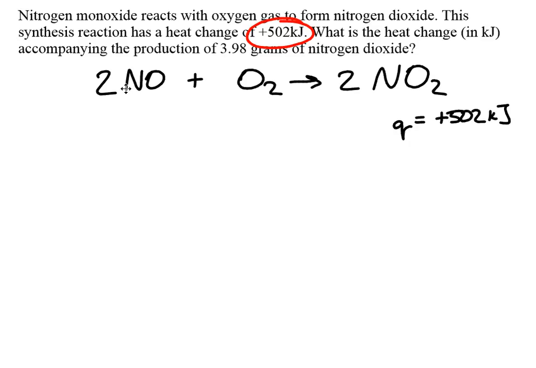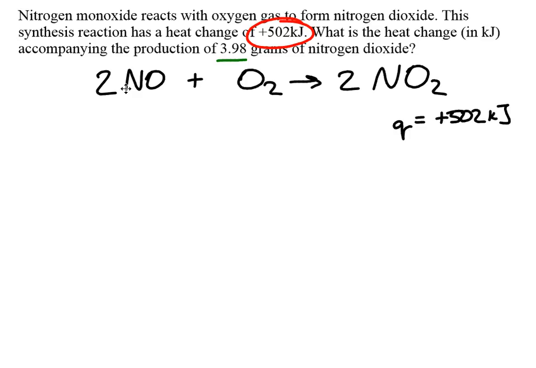What's important to realize is that the 502 that I circled in red, I wrote down with the equation, which means it's part of the equation. It is not considered to be a given value. It is a literature value. My given value is right here, this 3.98 grams of nitrogen dioxide.